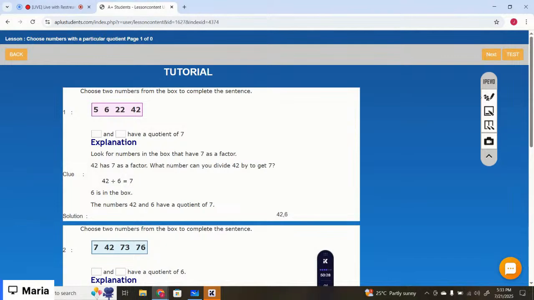Which two numbers from the box complete the sentence? Which two numbers have the quotient of 7? Quotient of 7 means when you divide them, the answer is 7.